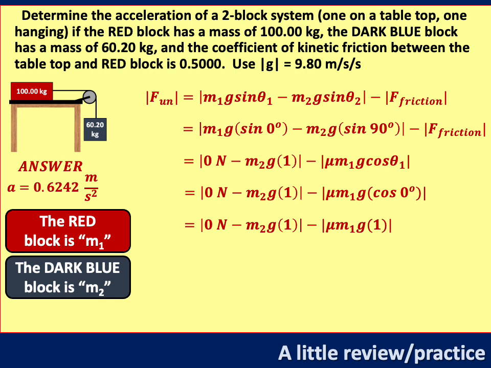So if we go through M2 times G, so that would be 60.2 kilograms times G, and then minus mu M1G, that would be 0.5 times 100 times 9.8, and this is what we get.